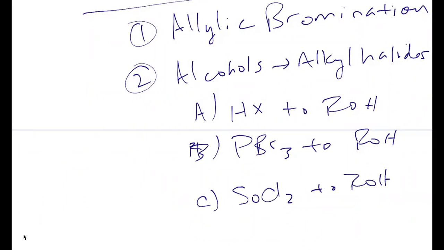So those are 4 out of a myriad of methods to make alkyl halides, right? 4 total, right? Oh wait, those. Oh, number 2. Okay, I see.